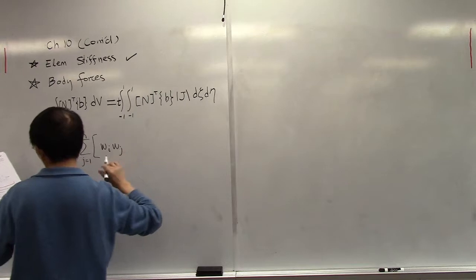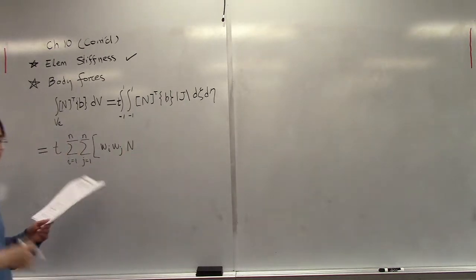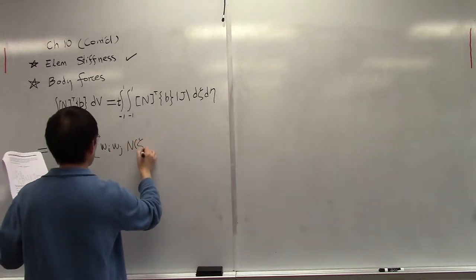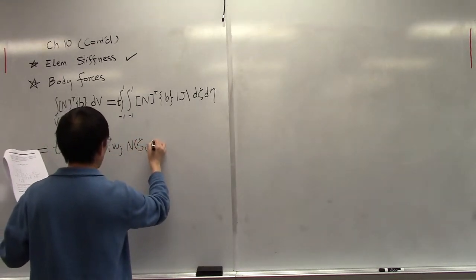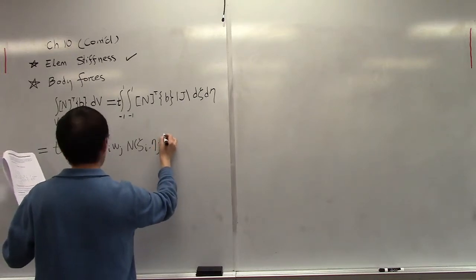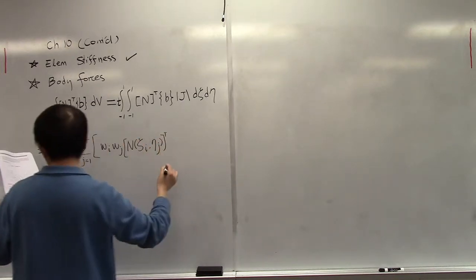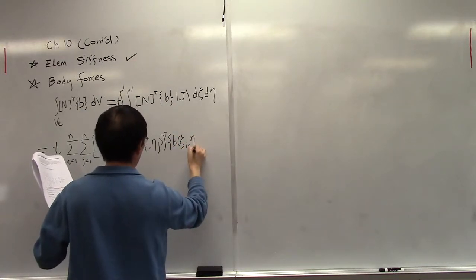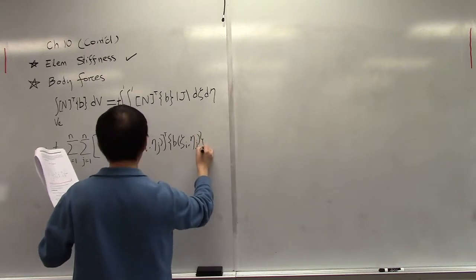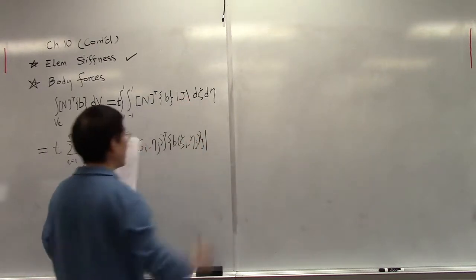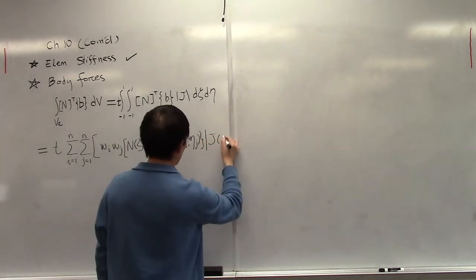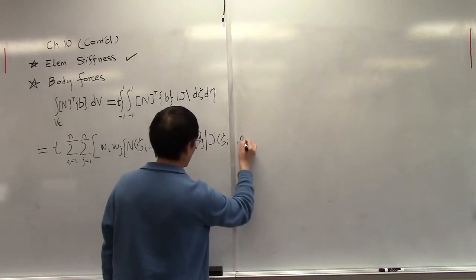And then this whole expression evaluated at theta I and eta j. So N evaluated at theta I, eta j, and this is transpose. And then B vector again evaluated at theta I and eta j. And then the Jacobian itself, it could be a function of theta and eta also.